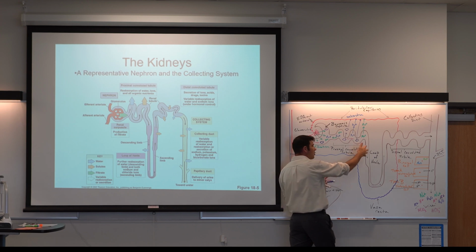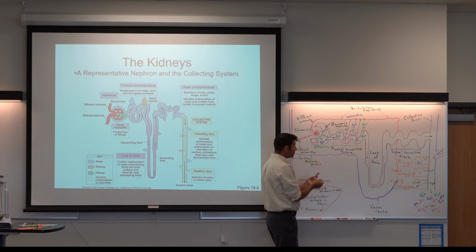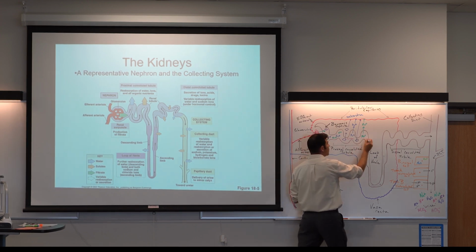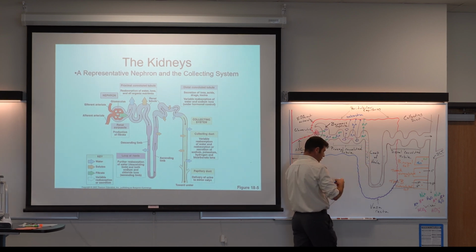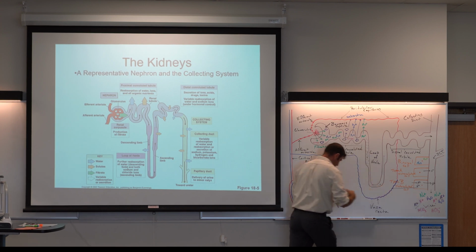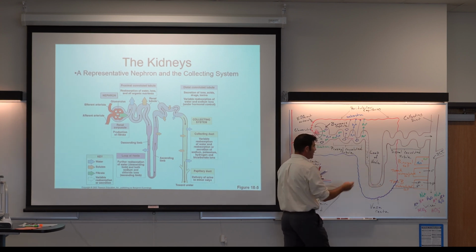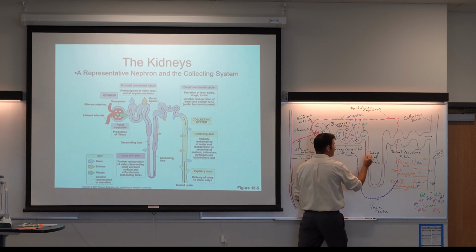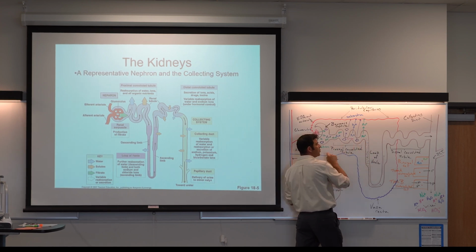Since I'm a little bit crowded for space, let me try this. I'll use my blue dots to represent water molecules that did not get picked up by that proximal convoluted tubule. We know some water molecules are going to make it out in the urine. I'll use this green dot to represent my sodium ions. We know not all the sodium got picked up in the proximal convoluted tubule.